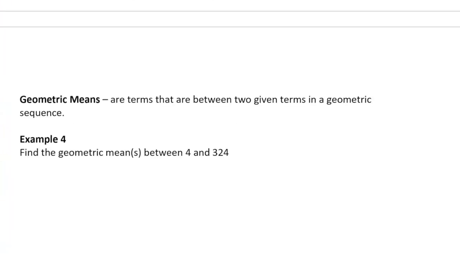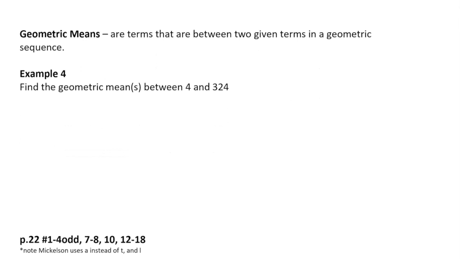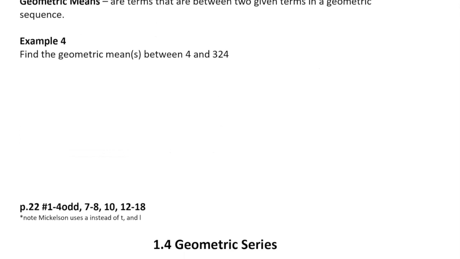Taking a look at that, we'll just go through one more example here. You might remember this from Math 10 with an arithmetic sequence. They would say something like insert two arithmetic means to create a sequence.